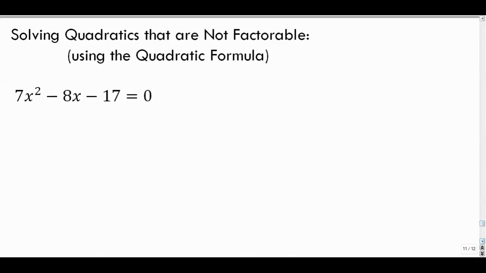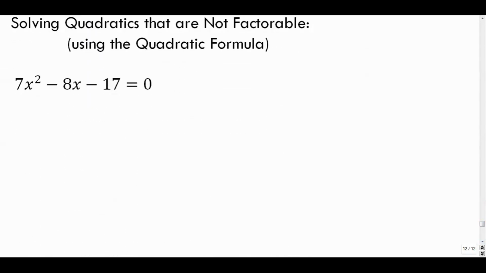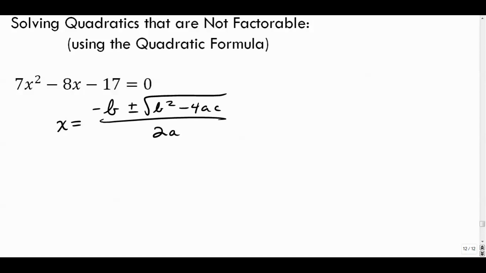There you go. How about what happens when we have quadratics that are not factorable? This is a case where if you try to do the factorization, you wouldn't come up with any answers. So we have to think about how to solve this using our good old quadratic formula. The quadratic formula you've learned in Algebra 2 is negative b plus or minus the square root of b squared minus 4ac, all over 2 times a.